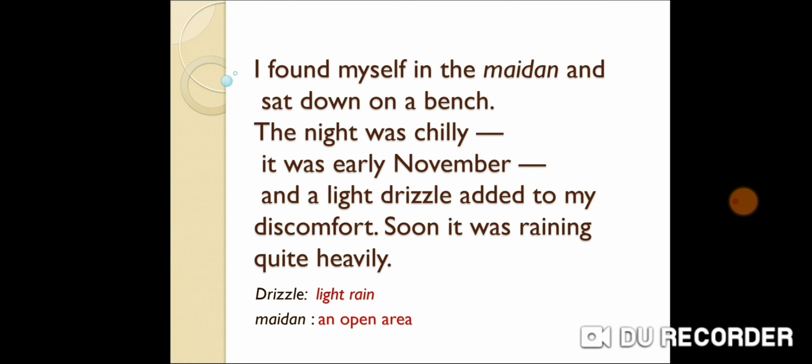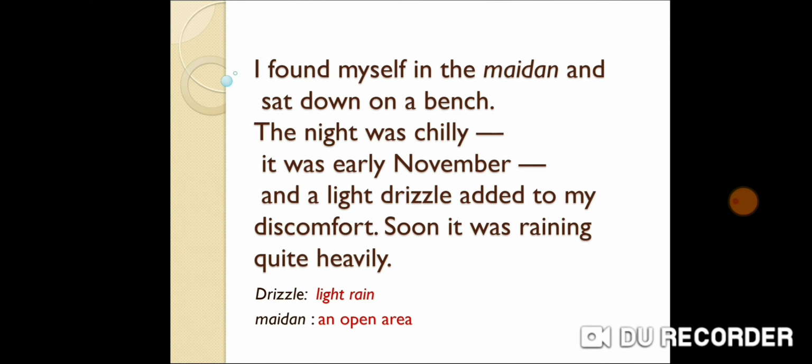Now, see, he found himself in the Maidan. Maidan means an open area. And sat down on a bench. In that open garden area there was a bench, so he sat down on the bench. The night was chilly, means it was having a very cool atmosphere.